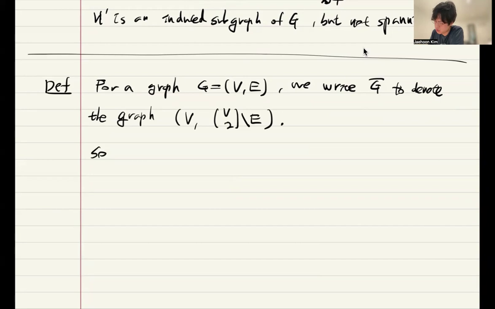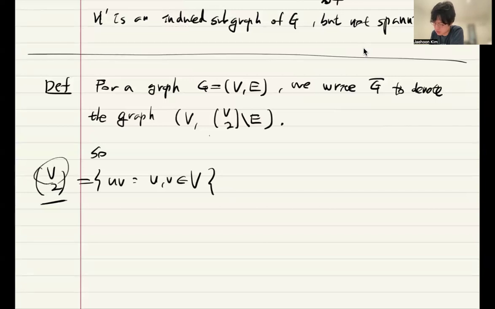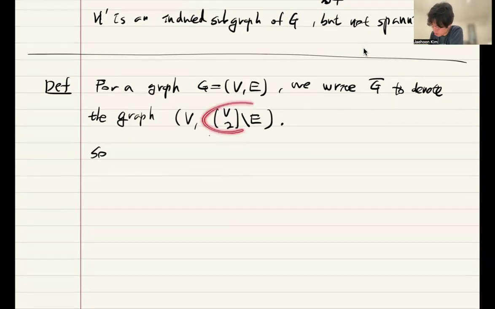So here, this V choose 2 is all UV where U and V are in V. So we write this as the set of all pairs inside of this set. Then, what does this graph mean? The edge set is actually flipped.